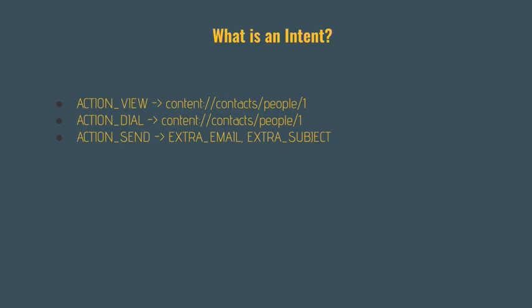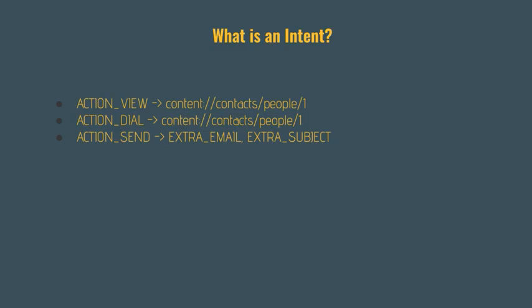And action view is going to say, I want to view that contact information. Similarly, if we pass in that same URI pointing to the person in our phone with contact ID 1, and we use action dial, we will tell the system we want to make a phone call to that person.